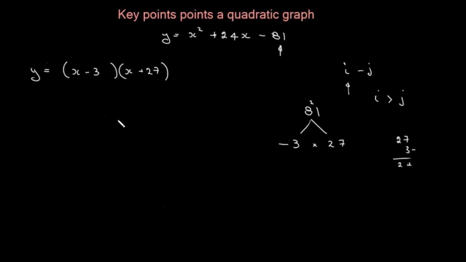So we would have our graph like that. One point will be plus 3. There's your x-axis. That one there will be plus 3. For this to become 0, x has to be minus 27. So that will be minus 27.